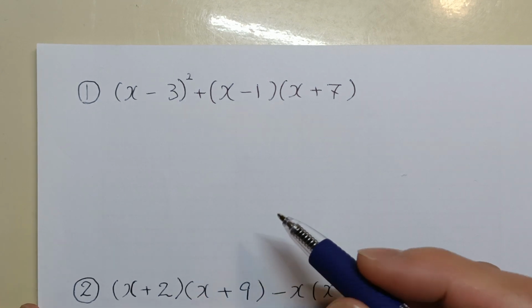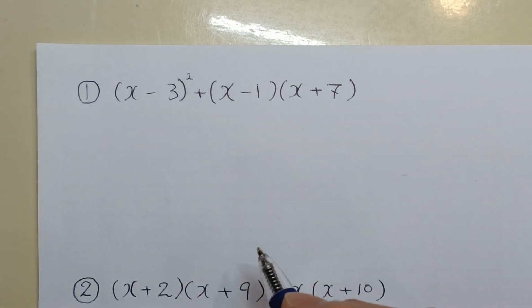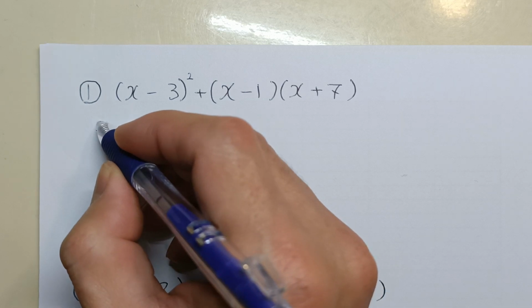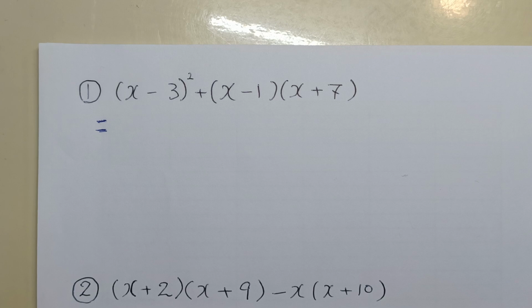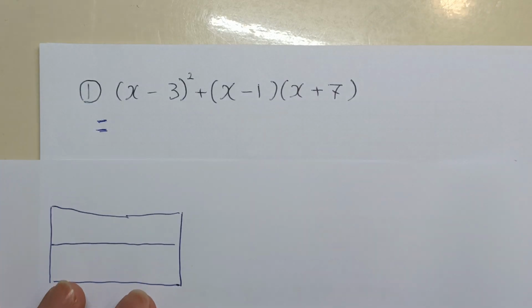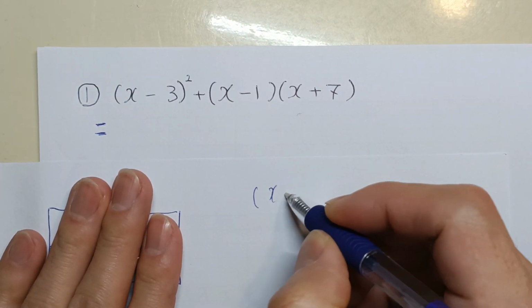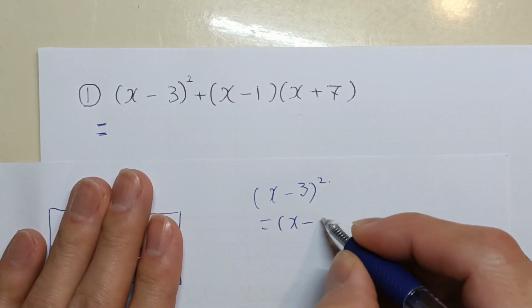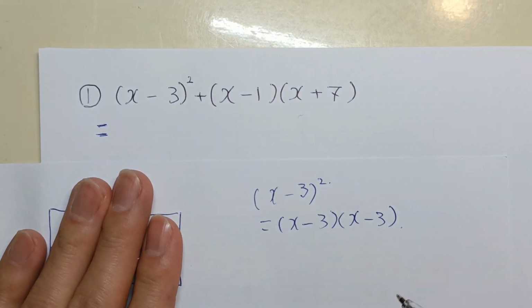Okay? Right. So this one, as first there's so many brackets here, isn't it? So we need to expand first. In a previous video, I was talking about expansion. When you see x minus 3 squared, this means x minus 3 times by x minus 3, isn't it?